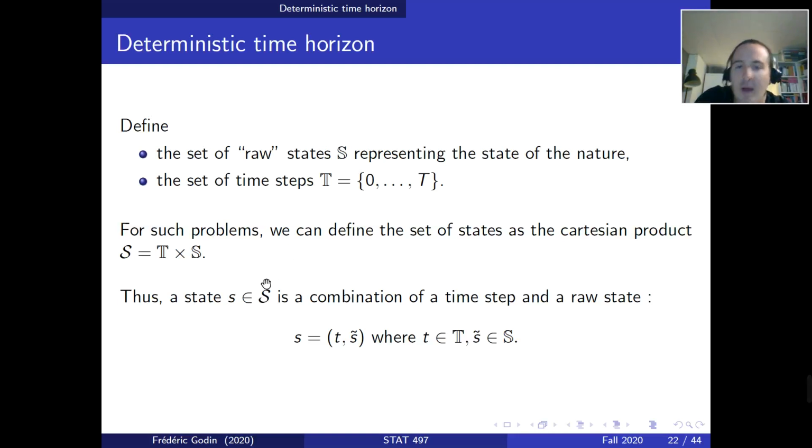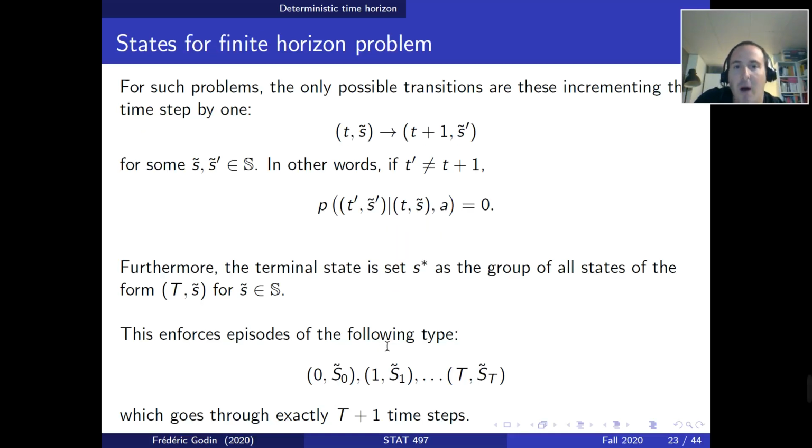For these types of problems with a finite, or rather fixed, time horizon, you can define states as the combination of a time point and the raw state, which represents the state of nature. For such problems, the transition probabilities are such that if you're in a state of the form (t, s tilde), the only possible transitions are to another state of the form (t plus 1, s tilde prime).